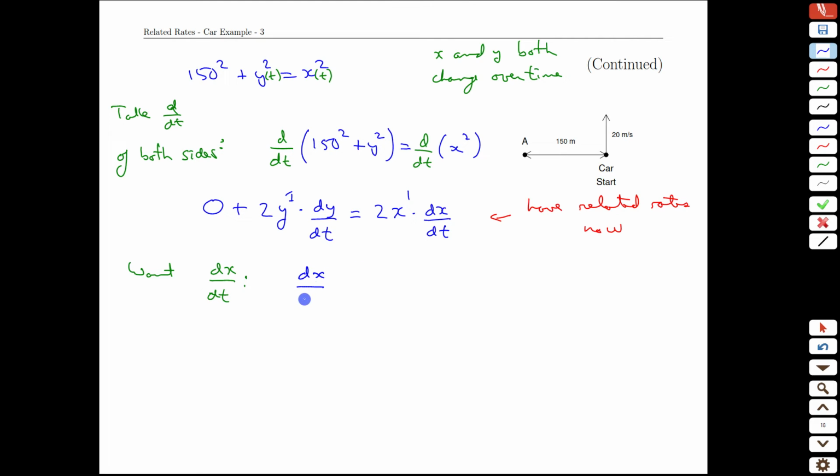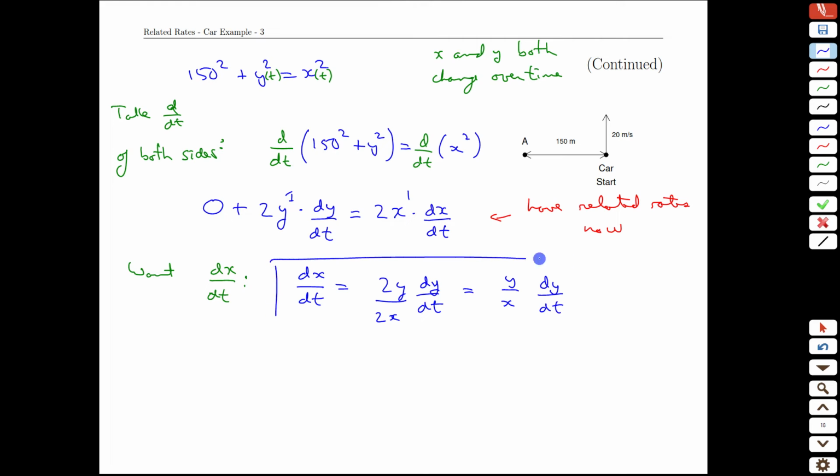We'll have dx dt is equal to everything on this side, 2y dy dt, and then divided by 2x. So again, nothing out of the ordinary here. We're just manipulating the symbols. And we can simplify that a little bit to y over x dy dt.